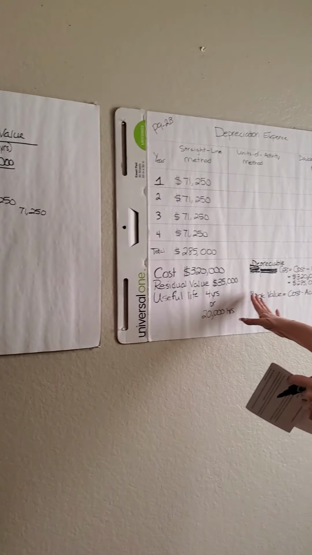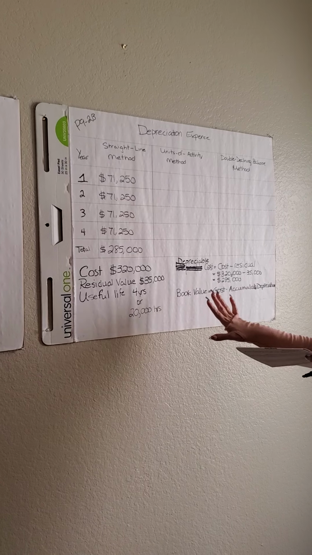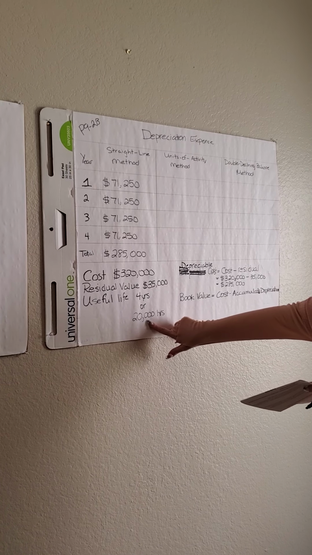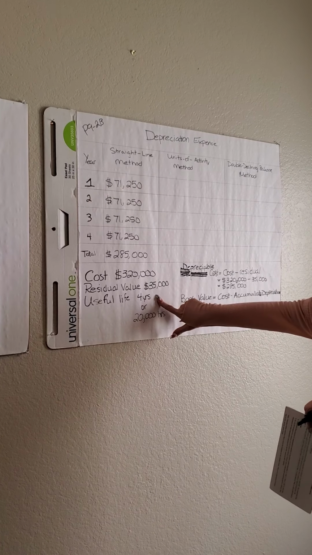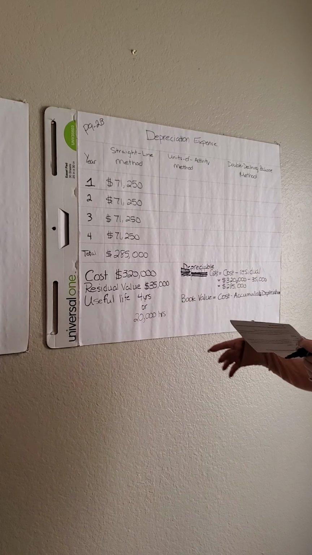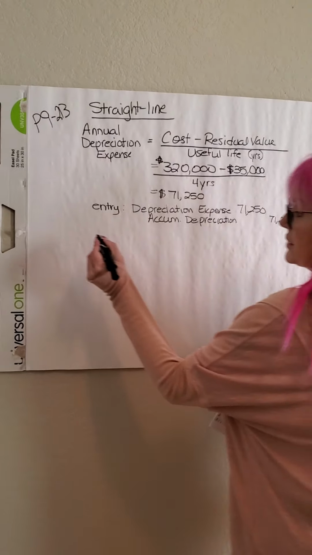The next method they want us to use is the units of activity method, and the only difference with the units of activity method is now we're going to use for the life 20,000 hours instead of 4 years. So we're going to calculate out the new formula over here for our units of activity method.